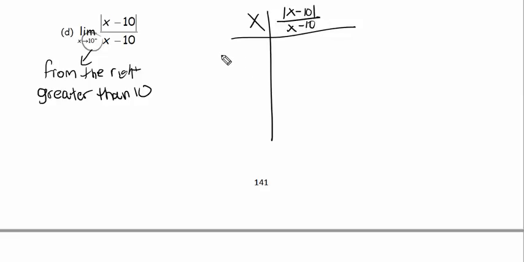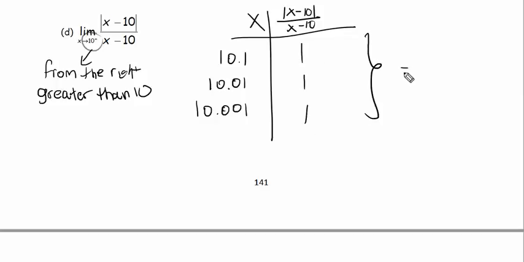Some numbers could be 10.1, 10.01, and 10.001, and these all end up being 1. So these are all exactly the same, so this limit ends up being 1 here.